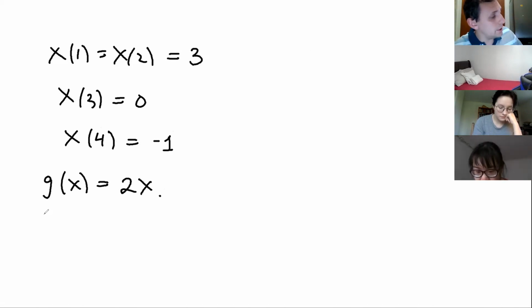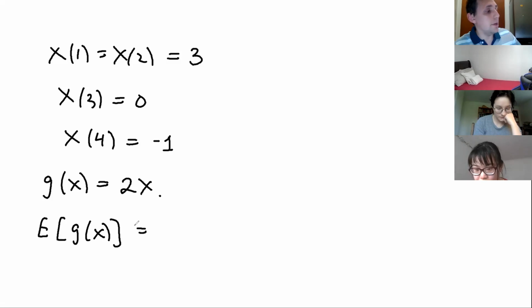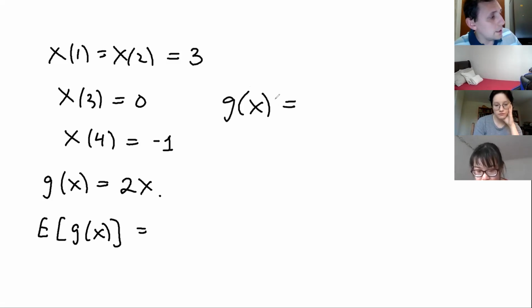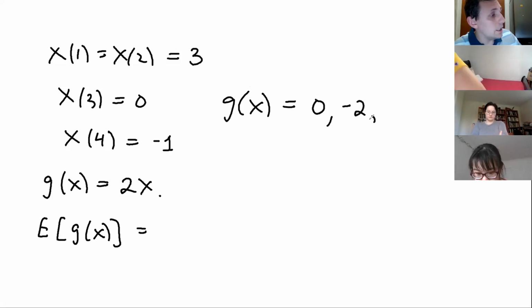So I can calculate the expected value of g of x in many ways, right? I can calculate by definition what values g of x can take. g of x can equal what numbers? It can equal the number 0, 0 times 2, right? It can equal the number -2, and it can equal the number 6. Those are the values that g can equal, yes?